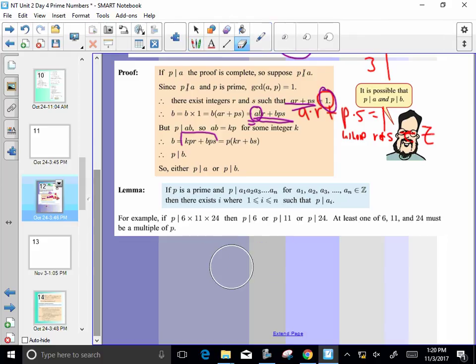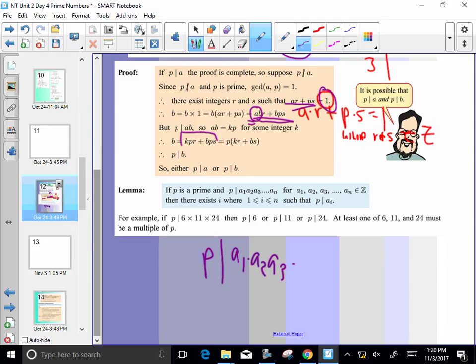Oh, like this? Sure, you could do that. I'm just showing you where this came from. If p is a prime, and p divides a1 times a2 times a3 and so on up to an, then p is going to divide any one of those, either this one, or this one, or any of them.